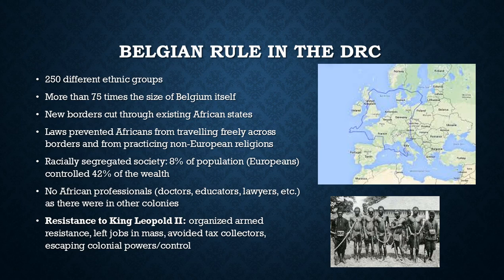They generally escaped colonial power and control whenever they could by running into other remote or rural regions of the colony or into other colonies. But this was such an oppressive environment that I can very much see why somebody would not do it. It would take a lot of courage to do these kinds of armed resistance in this colony in particular.